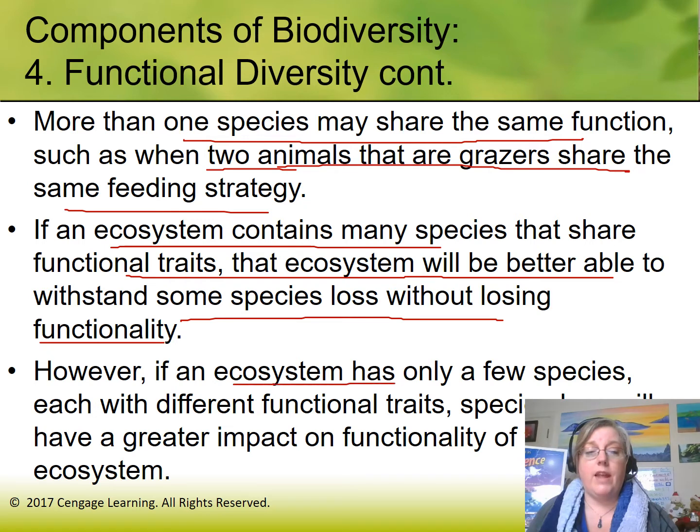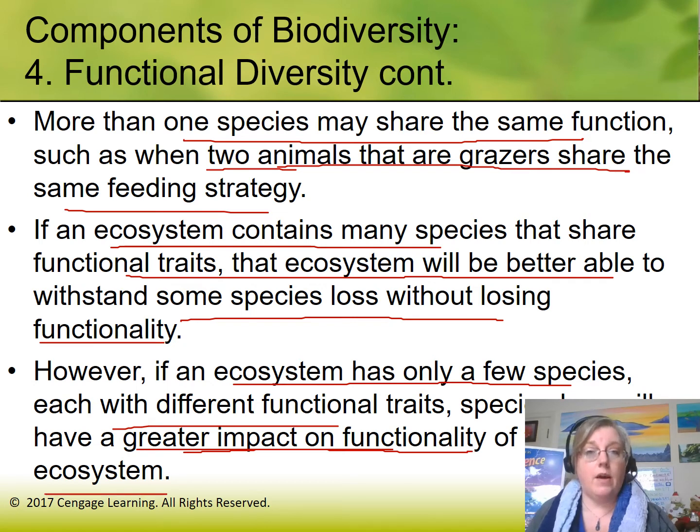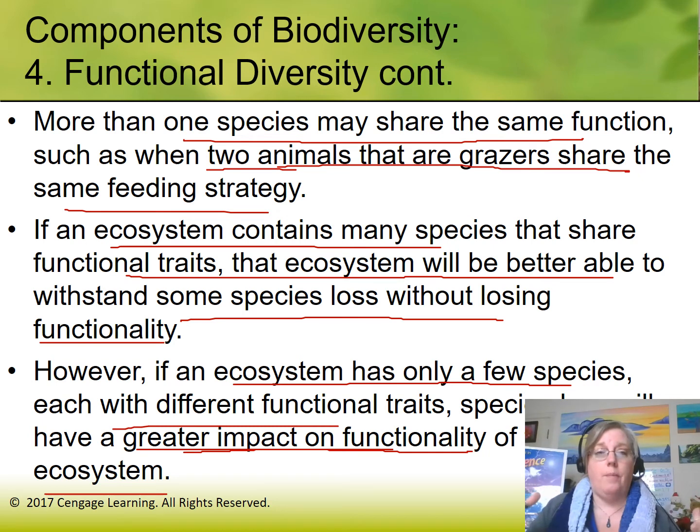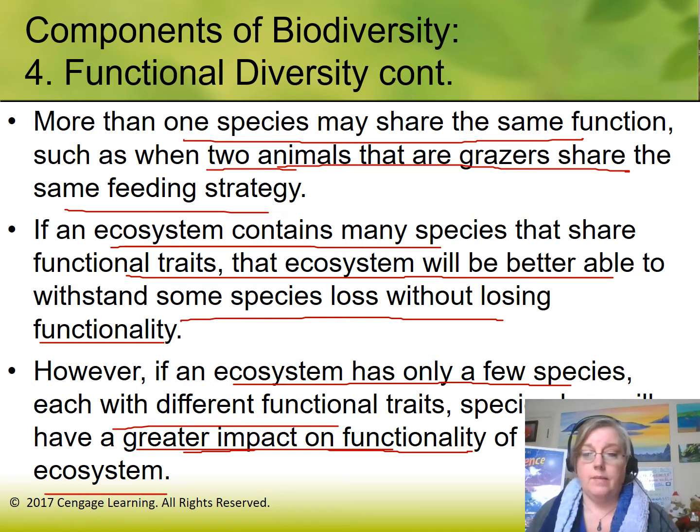However, if in that ecosystem you only have a few species with different traits, then losing one is going to have a much stronger impact on functionality of the ecosystem. You're more likely to tank the whole ecosystem if you only have a few that are doing each job. So if you have a whole bunch doing the same job and something bad happens, the ecosystem can bounce back. But if you only have one or two that do this job, something happens, the whole ecosystem can get tanked.